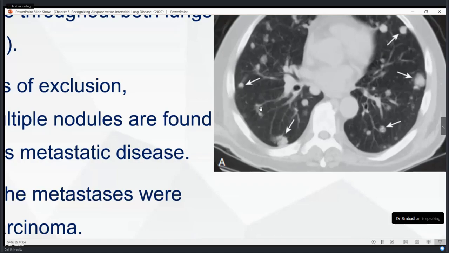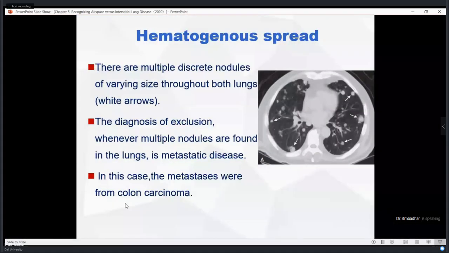Everywhere, each bronchus has been associated with this, and at the end there is a well-defined white opacity that is diffusely present. There are so many multiple lesions that usually look the same, and such lesions are called cannonball metastatic lesions.